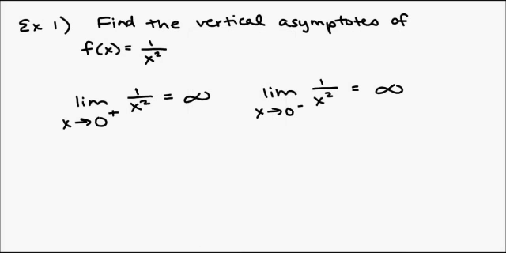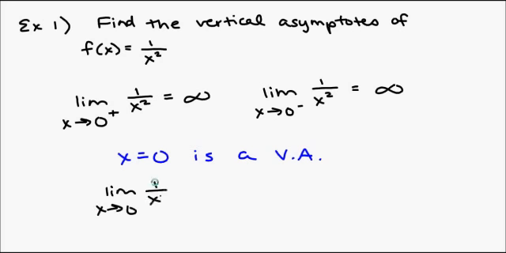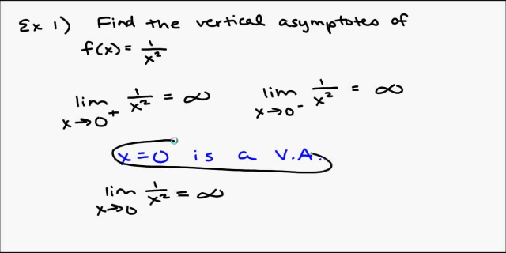And since x is approaching 0 and we get this infinite limit, we can conclude that x equals 0 is a vertical asymptote. Since the right and left-hand limits are equal, you could also say that the limit as x approaches 0 of this function is equal to infinity. But this is your answer.